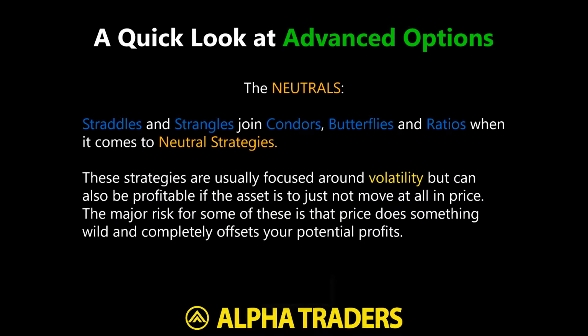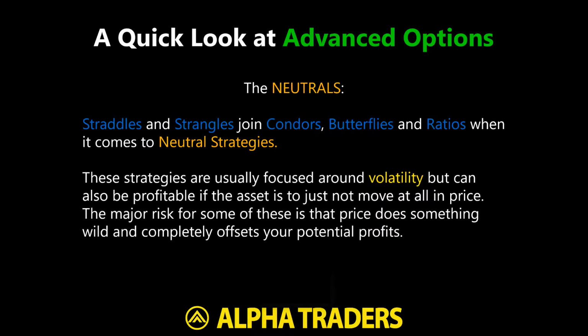Now, straddles and strangles, they join condors, butterflies, and ratios when it comes to neutral strategies, or strategies that are really focused around volatility. Now, these strategies are usually focused around volatility, but can also be profitable if the asset just doesn't move at all in price.